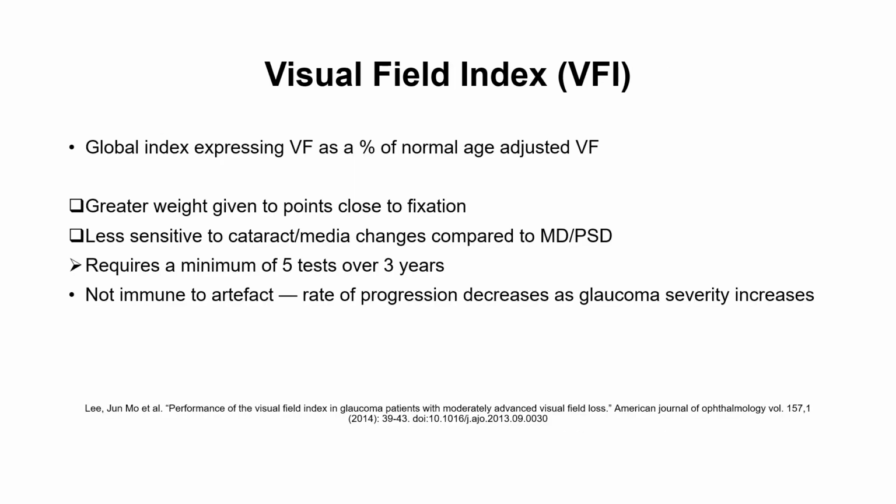The last index is the visual field index. This visual field index is a global index expressing the visual field as a percentage of the normal age-adjusted visual field. It gives greater weight to the points close to fixation and is less sensitive to cataract. These are the main benefits: it is less sensitive to cataract and media changes compared to the MD and PSD. However, it requires a minimum of 5 tests over 3 years. And despite being less sensitive to cataract media changes, it is not immune to artifact.